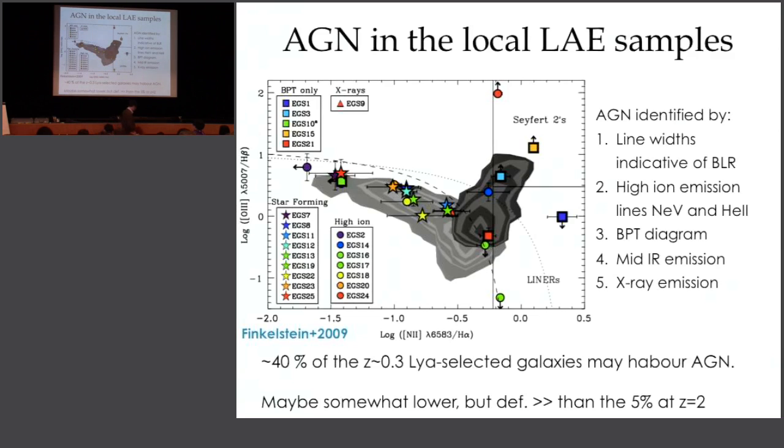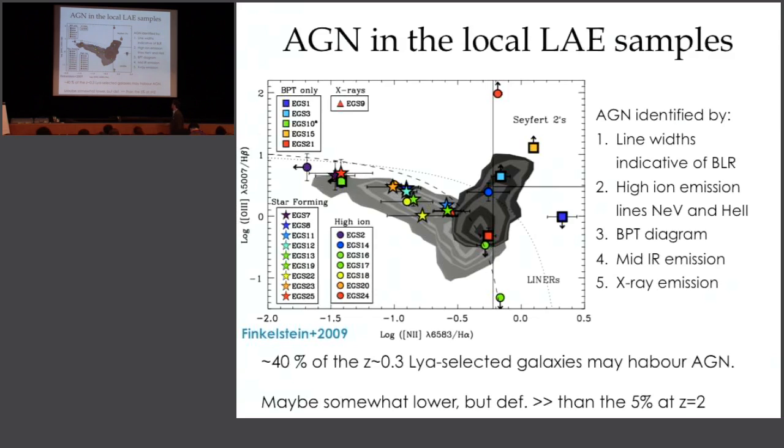So if you look at what shows up in these surveys, this is the follow-up now from the ground of the sample of redshift 0.3 Lyman-alpha emitters done by Steve Finkelstein, 2009. What you're seeing here is a BPT diagram. On the x-axis is the N2 over H-alpha ratio, and on the y-axis, O3 over H-beta.